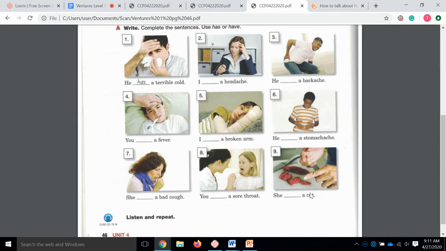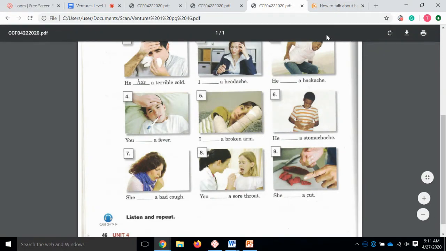He has a stomach ache. She has a bad cough. You have a sore throat. She has a cut.